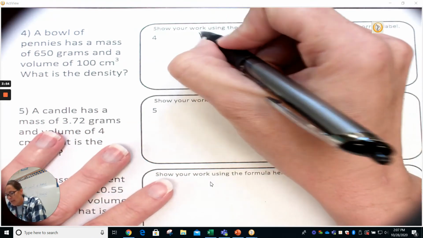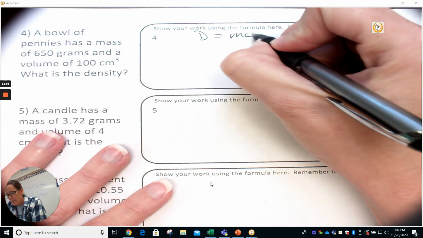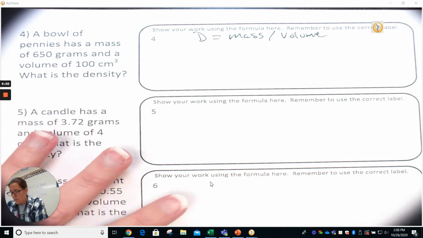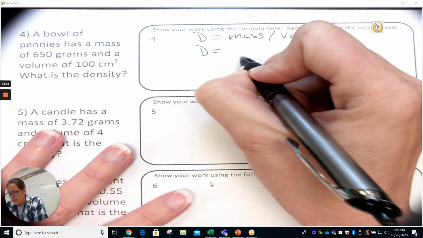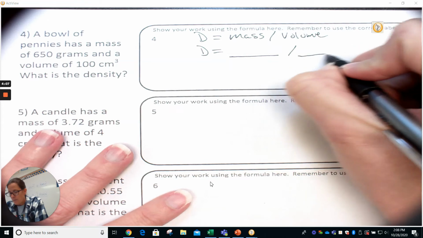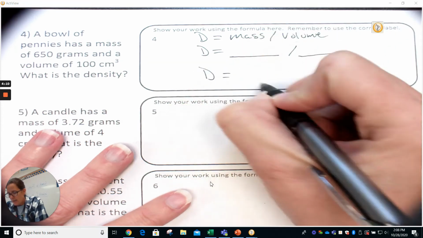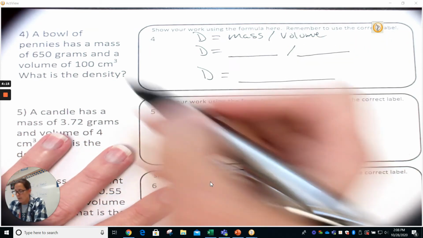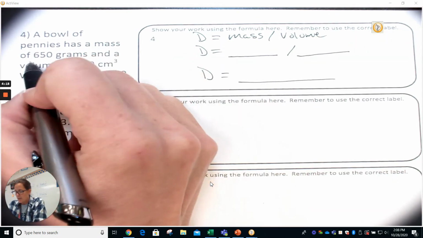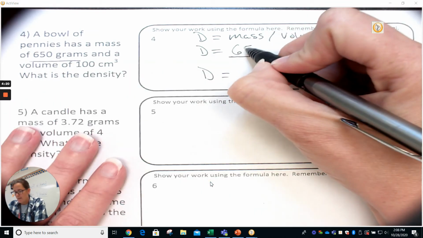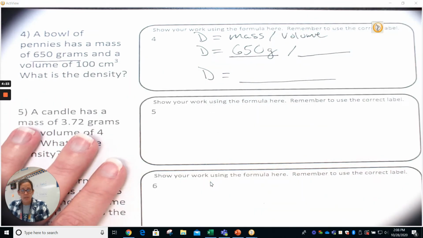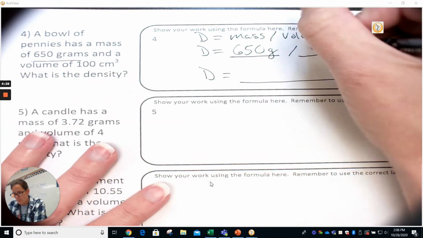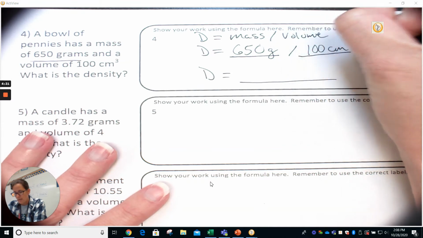So I'm going to do it again. Density equals mass divided by volume. I want you to set up all of yours like this too, okay? So density equals, and I'm going to give myself a space and another space, and then density equals, and there's going to be my answer. Okay, so we need to find mass first because mass goes first, and it says right here it's got a mass of 650 grams, so I'm going to put 650 grams because their units are important, and a volume of 100 centimeters cubed, so 100 centimeters cubed.